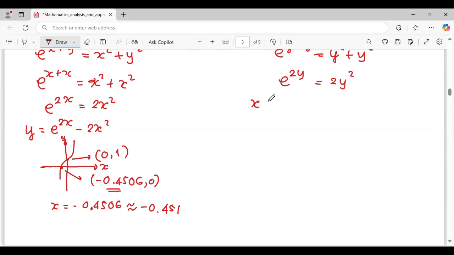Likewise, I created the graph on my calculator for the function y equals e power 2y minus 2y squared, and the graph looks like this.